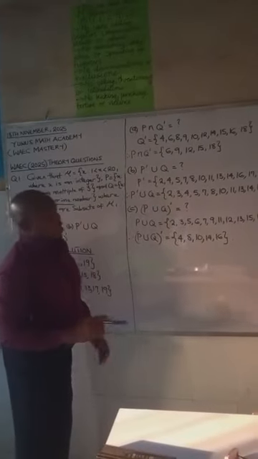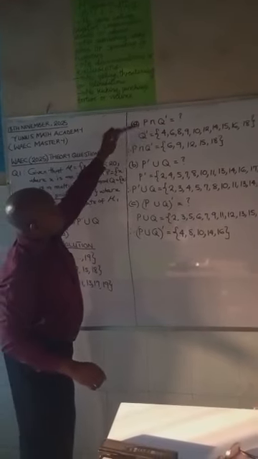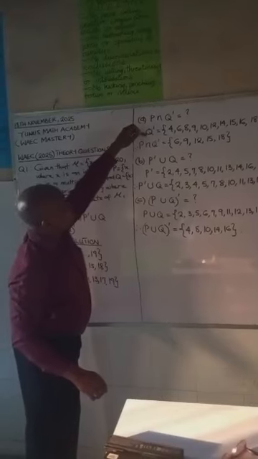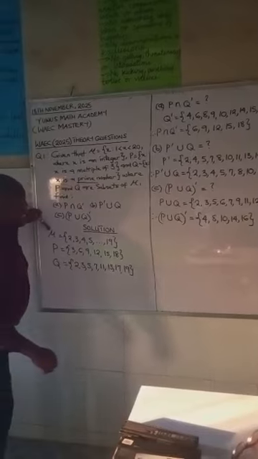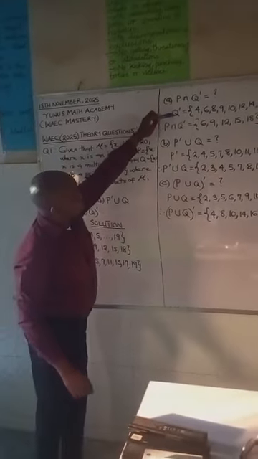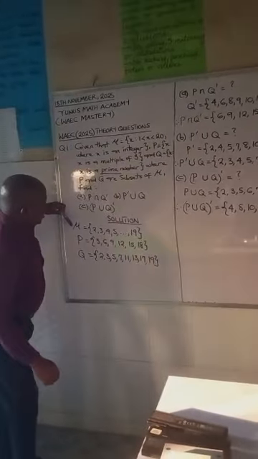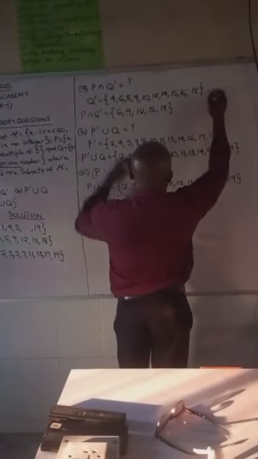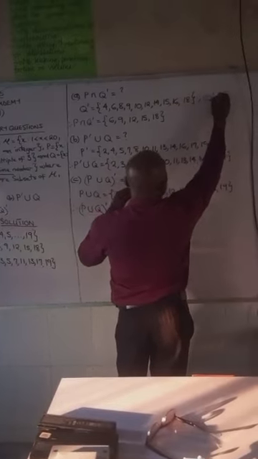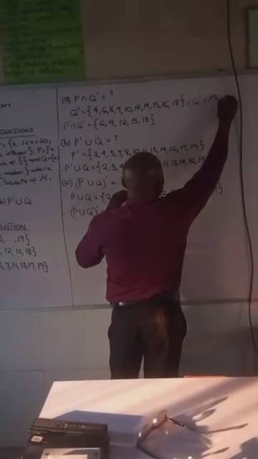This simply means that we have to list out all the elements that are not in set Q but are there in the universal set. That means our Q prime is the same thing as the universal set minus Q.